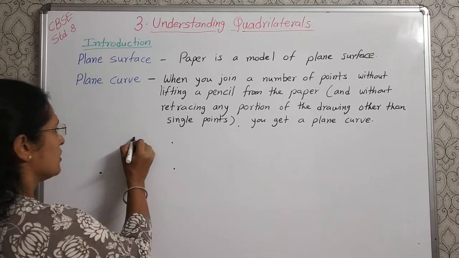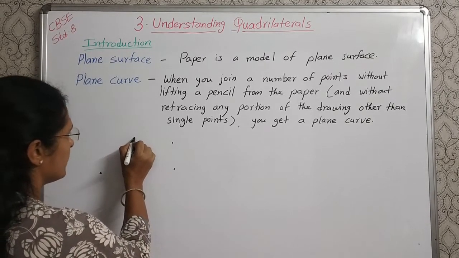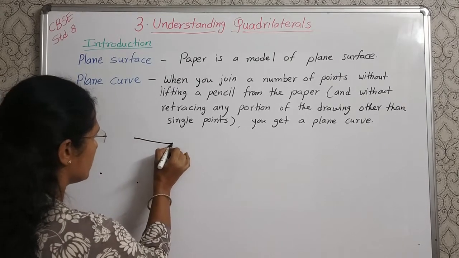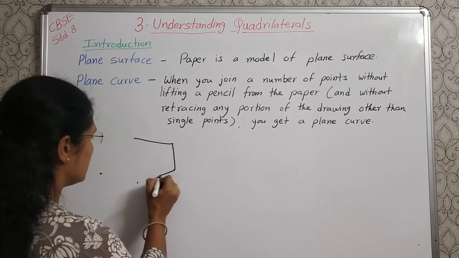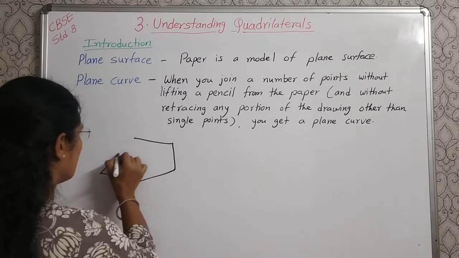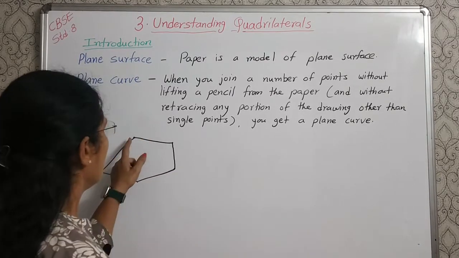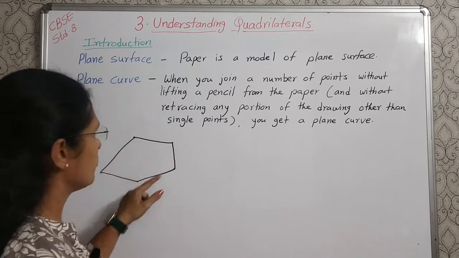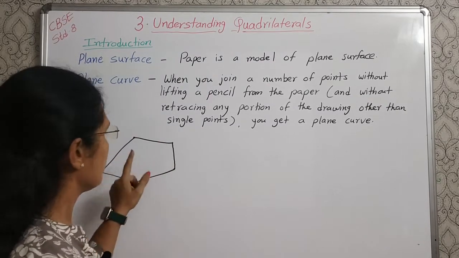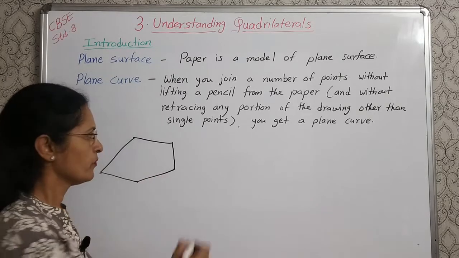Now I start from here and join all these points. So here, then I come here, then here, then here, and then here. So without lifting this pen, I joined all these points, and now this figure is a plane curve.